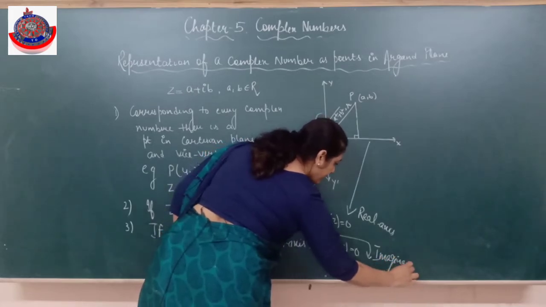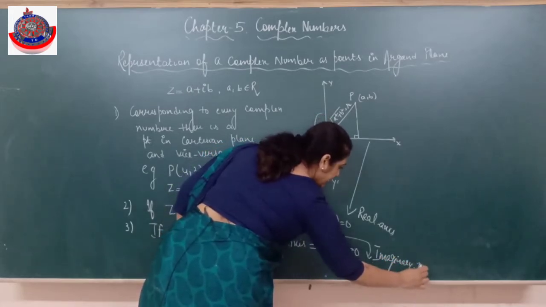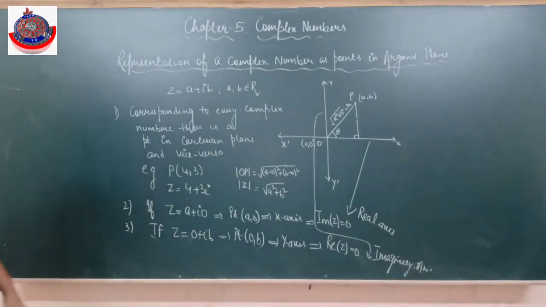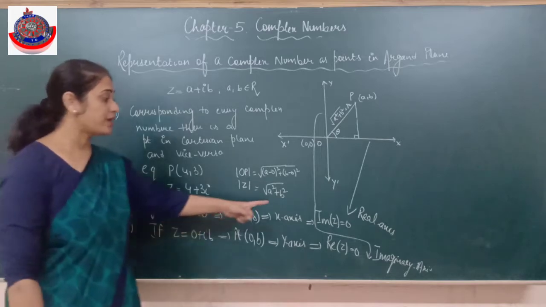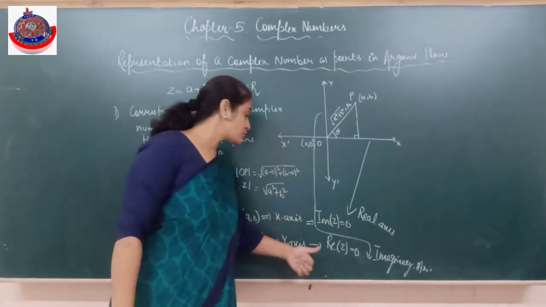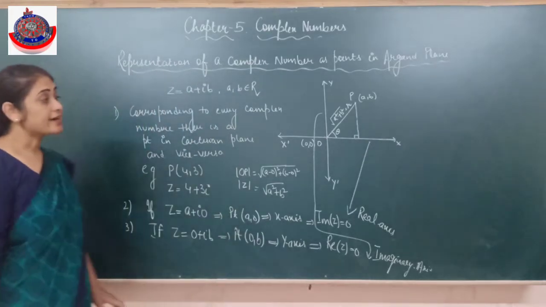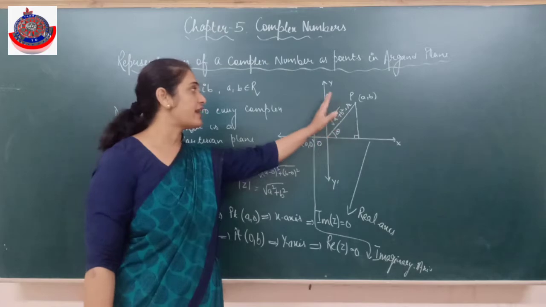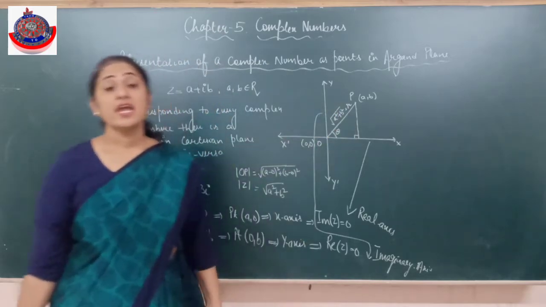In complex numbers, their names are real axis and imaginary axis. Is it clear? X-axis is called real axis because on it the imaginary part is 0. Y-axis is called imaginary axis because on it the real part is 0. Understood? In complex numbers, the name of x-axis is real axis, the name of y-axis is imaginary axis.